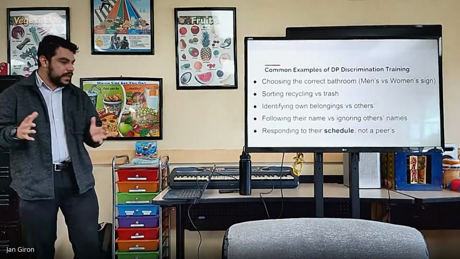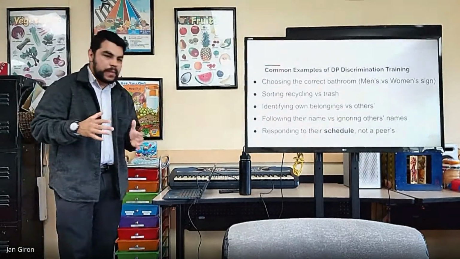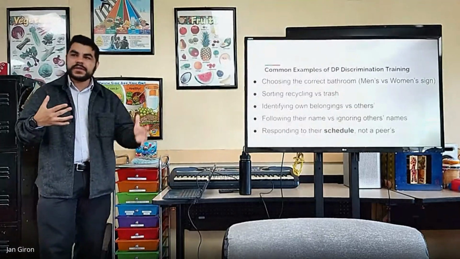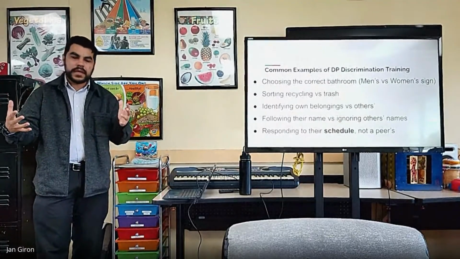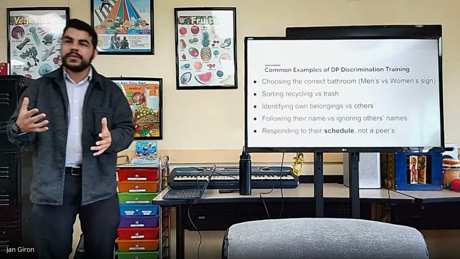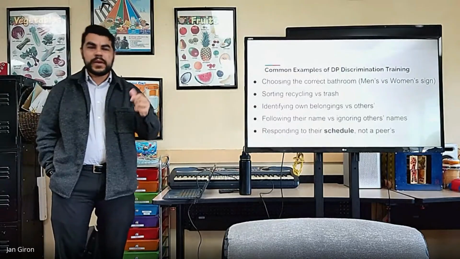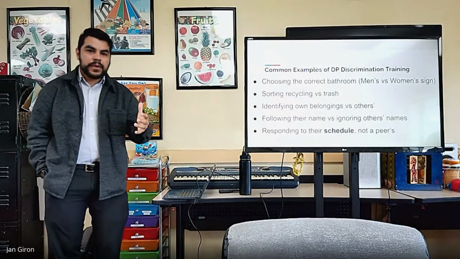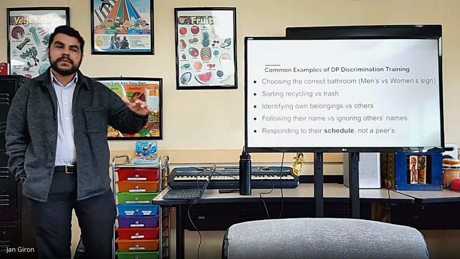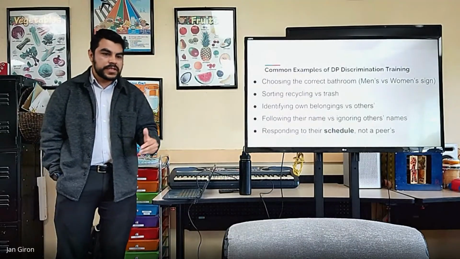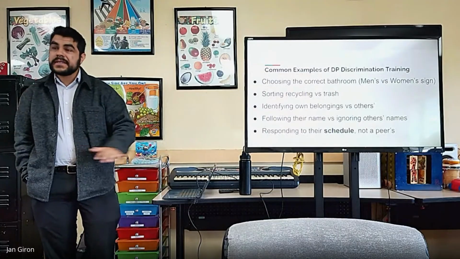Okay, we can think about these more incidental, natural approaches to discrimination training here in the program. As you guys saw in the video, it was pretty bare bones and foundational with some of the discrimination training that we do with the younger guys.